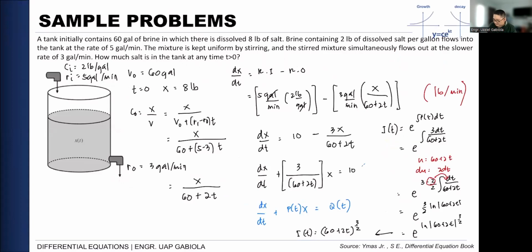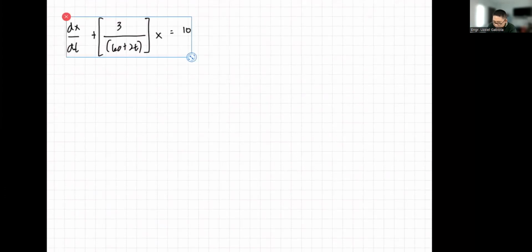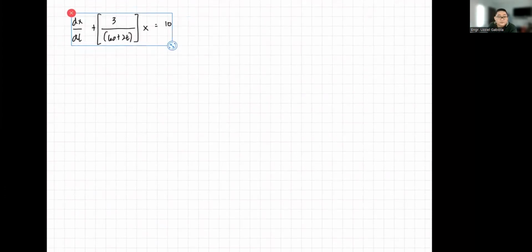Okay? So continue natin sa another page. Copy ko lang itong ating linear form. So multiply na natin yung integrating factor na nakuha natin, which is 60 plus 2t raised to 3 halves. So multiply ko na din yung dt.